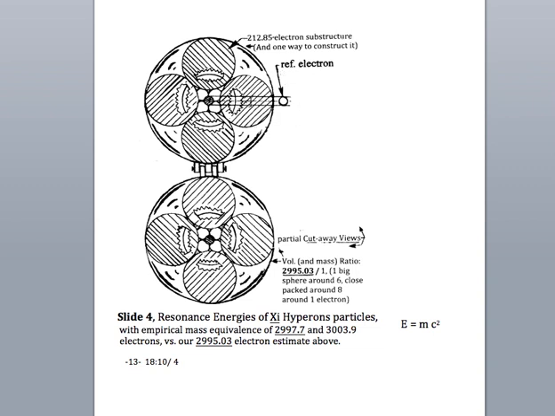If the volume of that centered small sphere represents 1 electron mass, then the very large sphere represents a particle equaling 2995.03 electron masses. That is very near a major resonance particle equaling 2997.7 electron masses, or its equivalent amount of MC squared resonance energy.